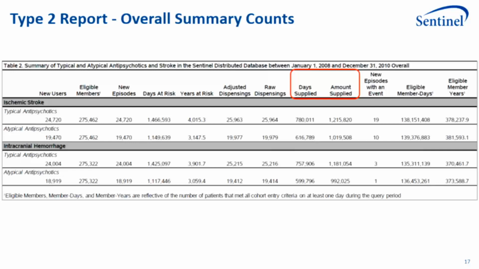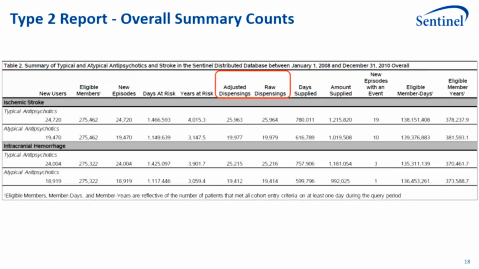And then amount supplied is a reflection of the actual units that you were dispensed. So if I was dispensed 2 pills a day for 30 days, I'd be contributing 60 amounts there. Those are the different parameters. So those are all of your at-risk time and some information on days supplied and amount supplied.